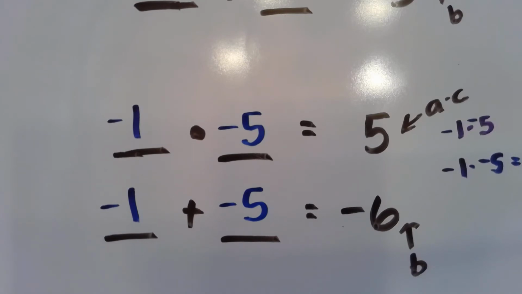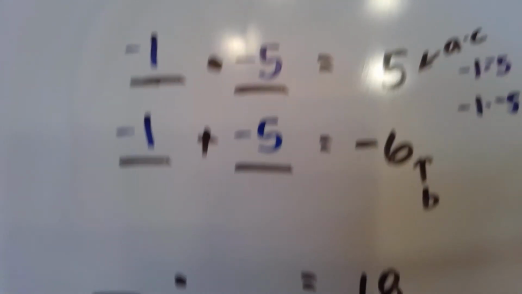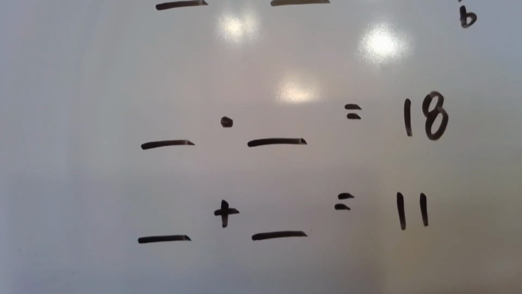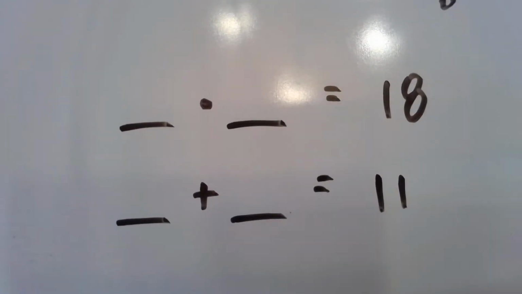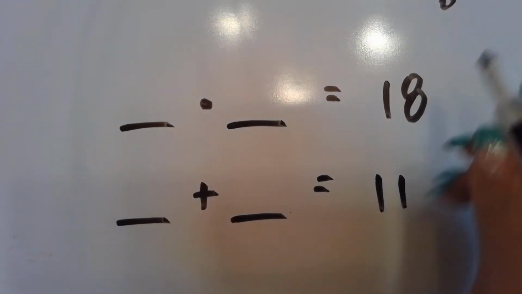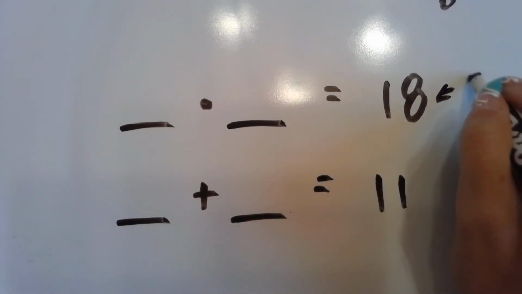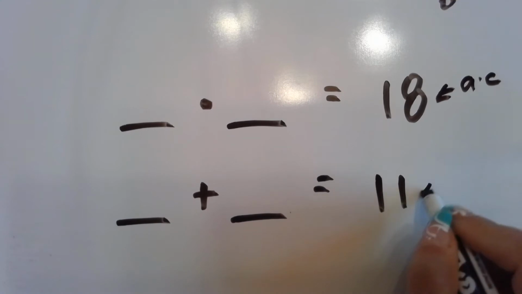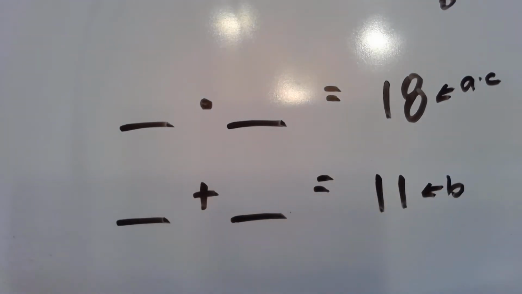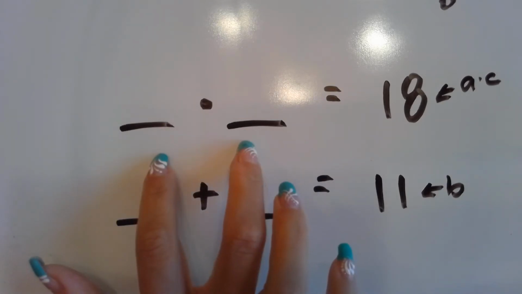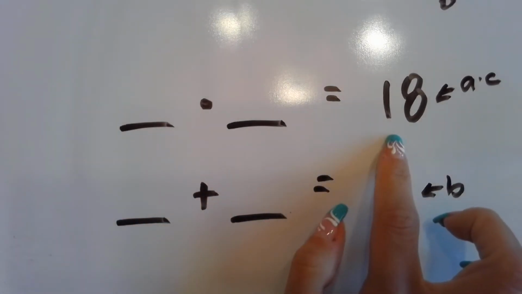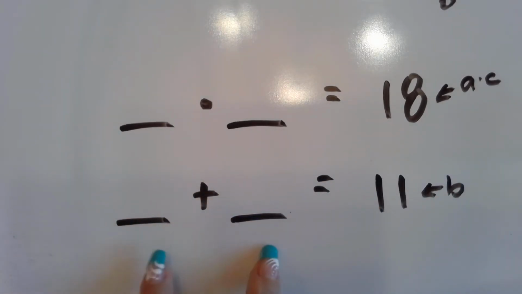Let's go ahead and look at another example. Down here, we know that this is going to be your A times your C, and this is going to be your B. So we need two numbers to multiply to 18, but the same two numbers have to add to 11.